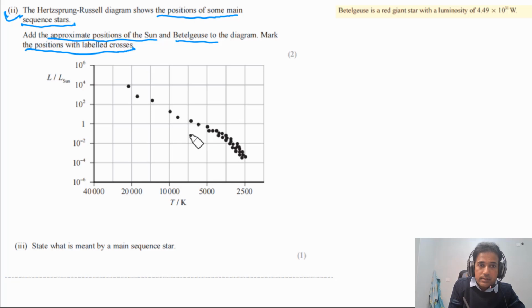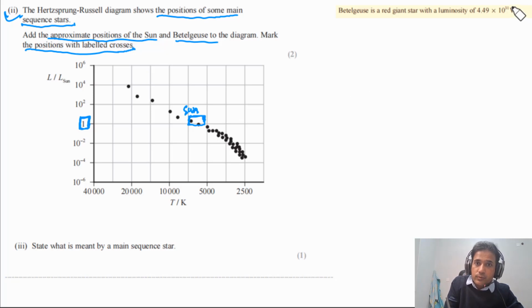So the Sun must be located here. The Sun can be in this region, so the Sun can be located here.